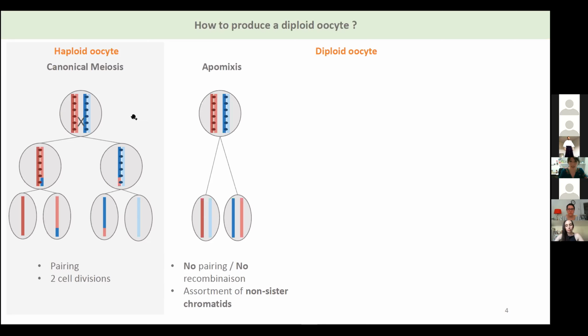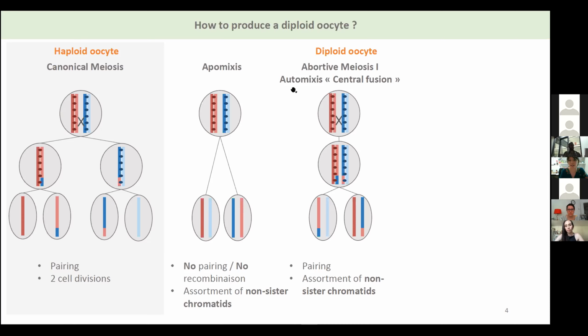The first one is apomixis. Here there's no recombination, and in the mature oocyte, we find two non-sister chromatids with no recombination. The second option is that meiosis 1 is abortive, which can also be referred to as automixis with central fusion.